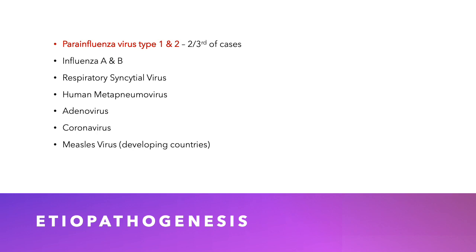Laryngotracheobronchitis is a viral disease. It is predominantly caused by parainfluenza viruses type 1 and type 2. These viruses collectively are responsible for about 2/3 of the total cases of laryngotracheobronchitis. Other viruses involved include influenza A and B. The disease caused by influenza A is more severe as compared to the disease caused by parainfluenza virus type 1 and 2, though the parainfluenza viruses are more common.